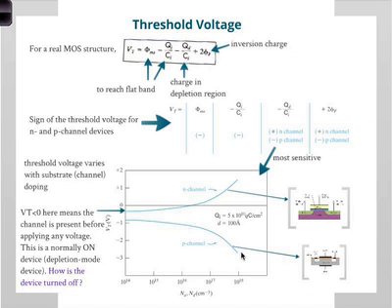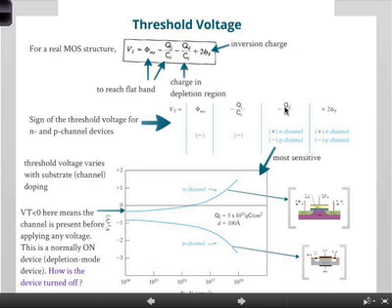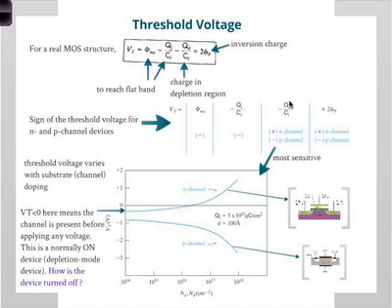Of course, it is intuitive also, because as you increase the donor concentration, this number becomes more negative. There's more charge density. So it has to increase in the negative direction. So there's nothing special about it.